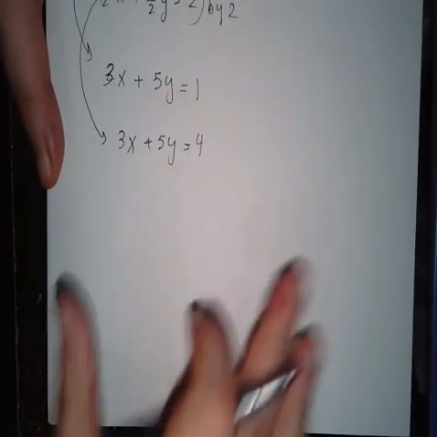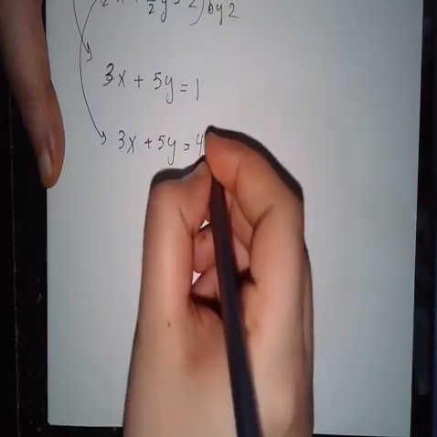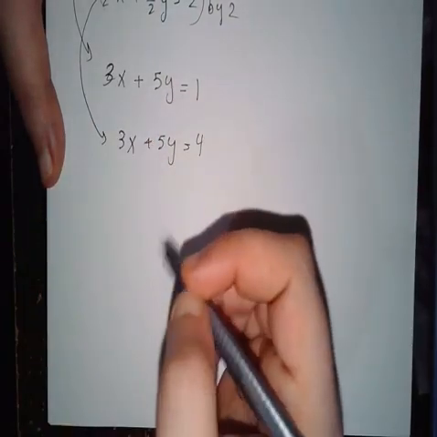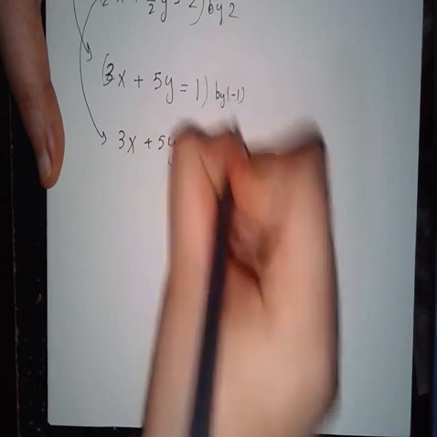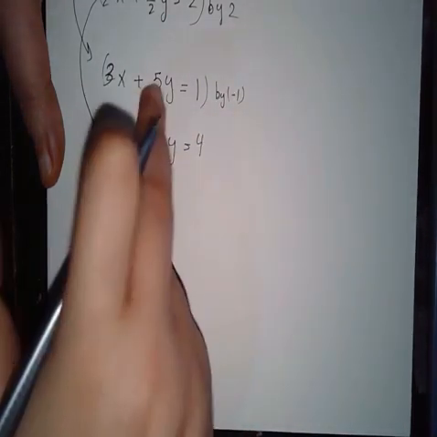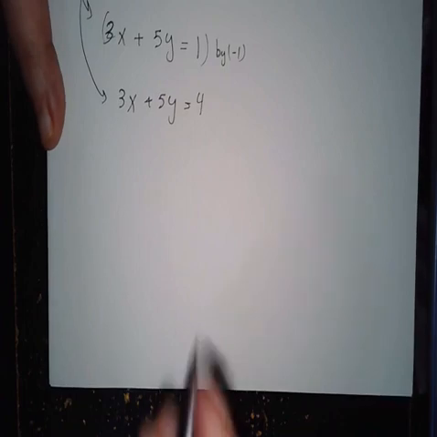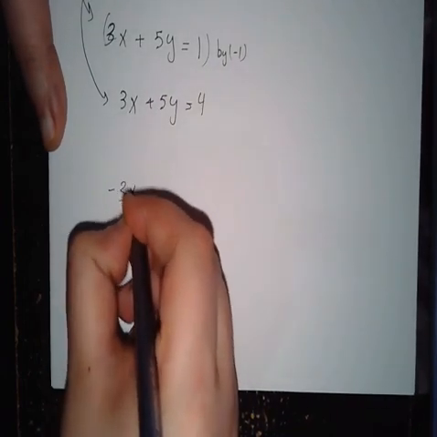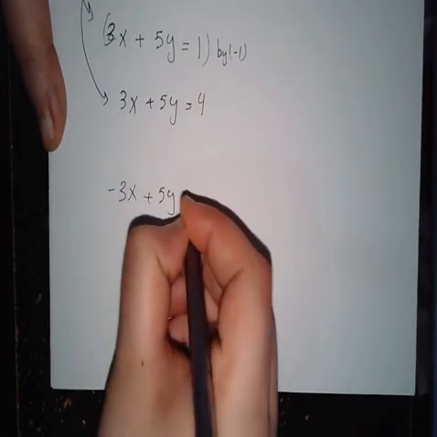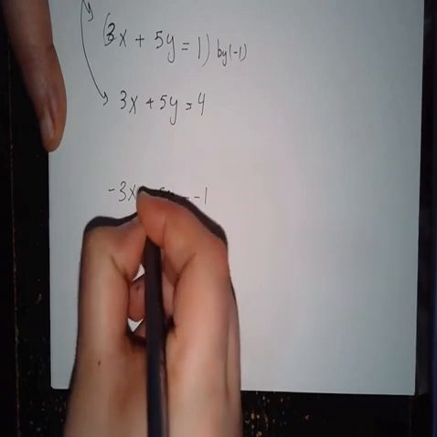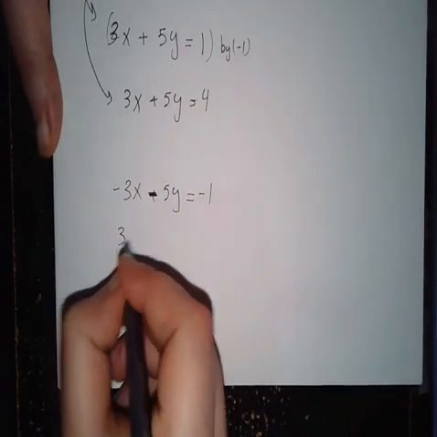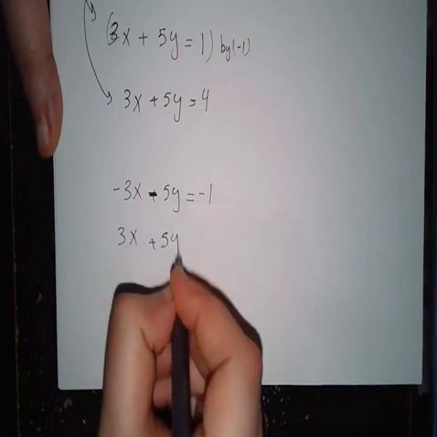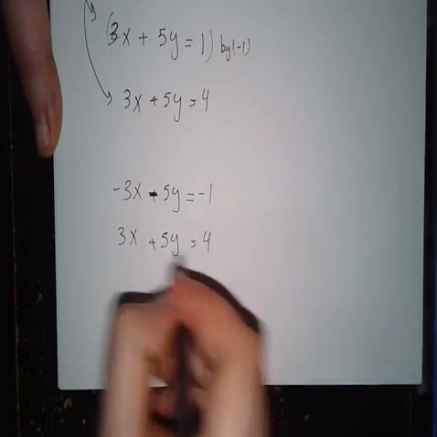But if you still want to see it, let's multiply one of them by -1. Let's do the top one, for example. By -1. Yeah? So multiplying the top one by -1. It becomes -3x minus 5y equals -1. And the second one is 3x plus 5y, and it equals 4.